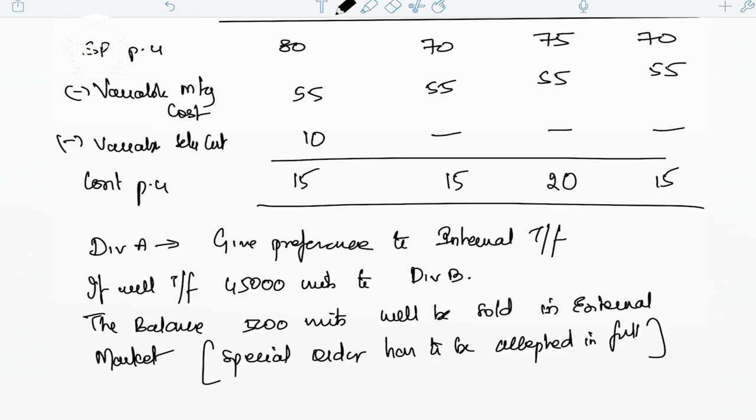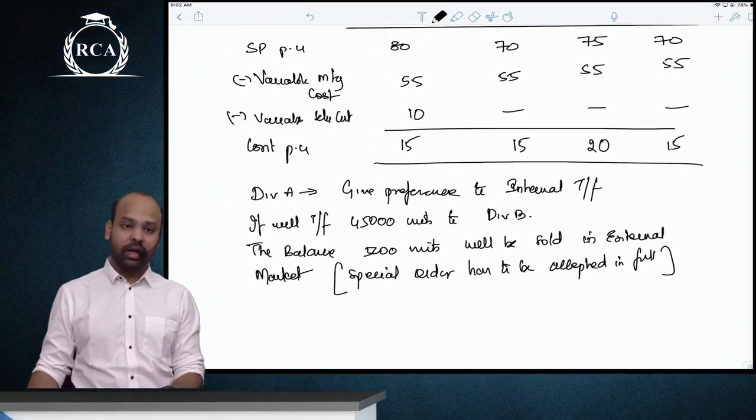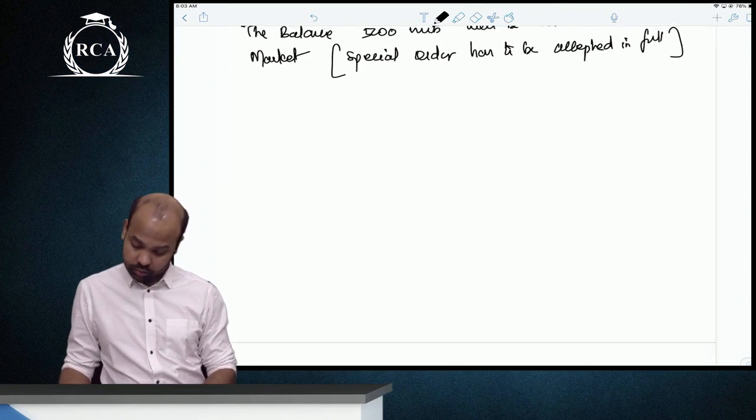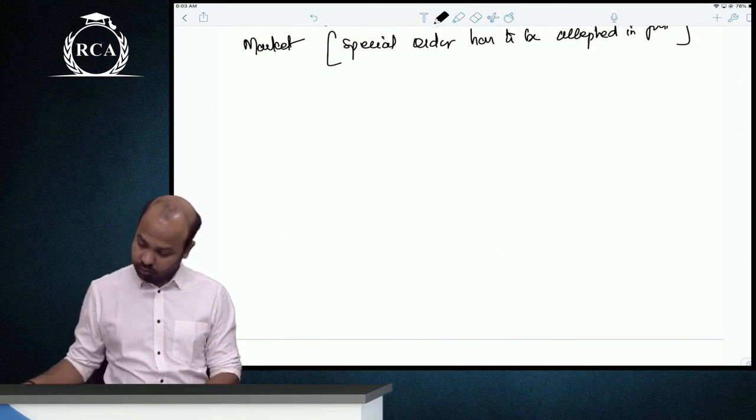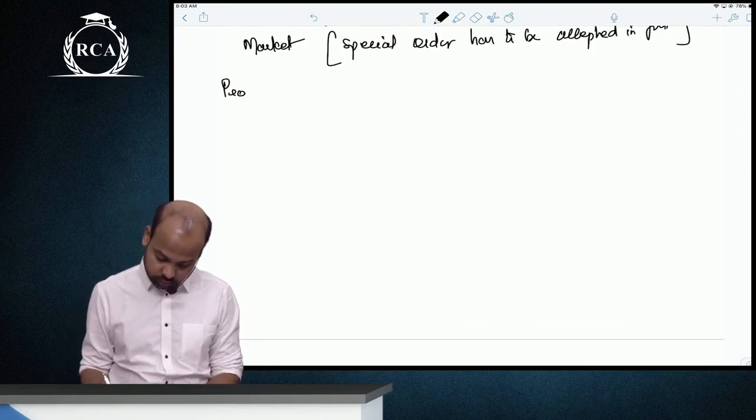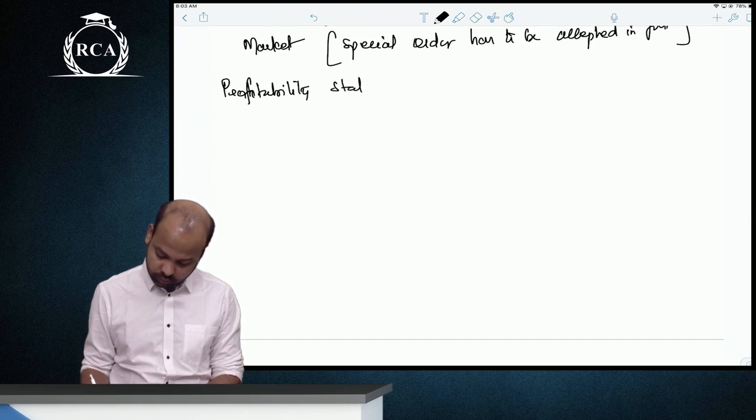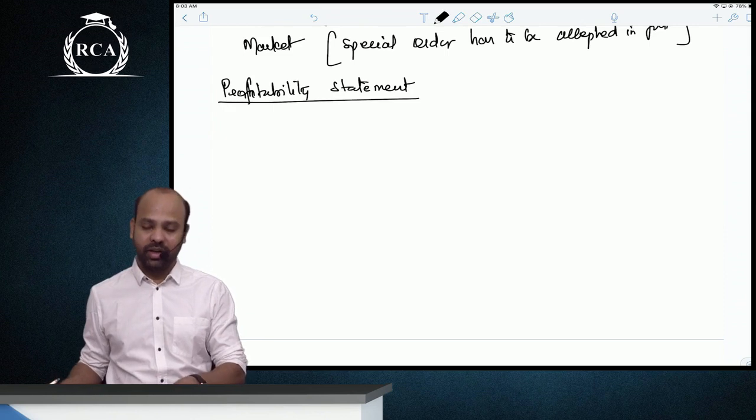Let us compute the profitability statement now. We will do it collectively. Profitability statement, guys.